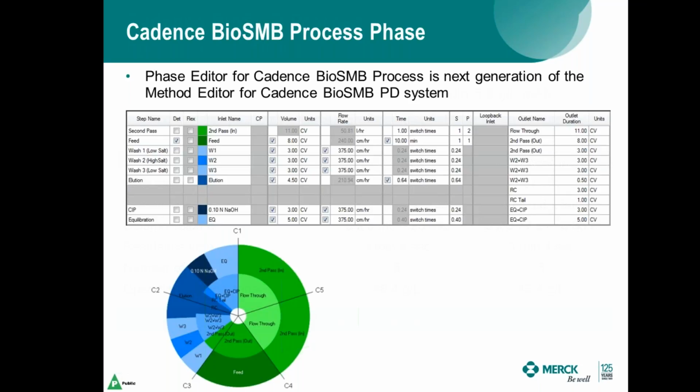So here you can see you put in each of the different steps in the chromatographic separation, such as feed, wash, elution, CIP. You put in the corresponding column volumes and flow rates, and the flow rates can be defined as either liters per hour, milliliters per minute, or centimeters per hour. And then define the outlets of where those streams are going for a very easy method generation.